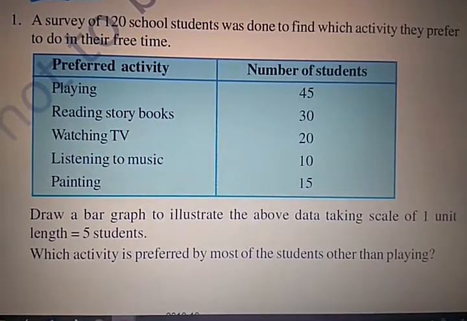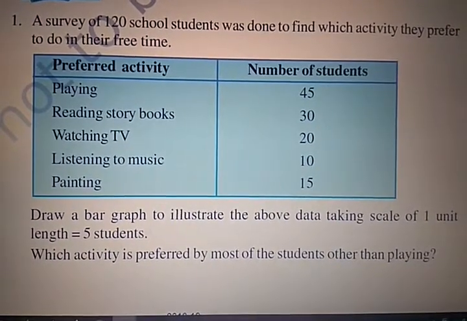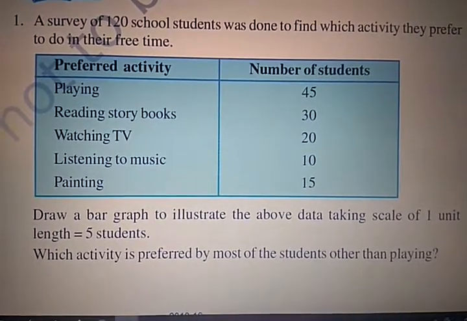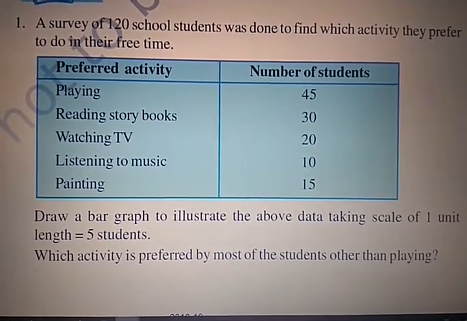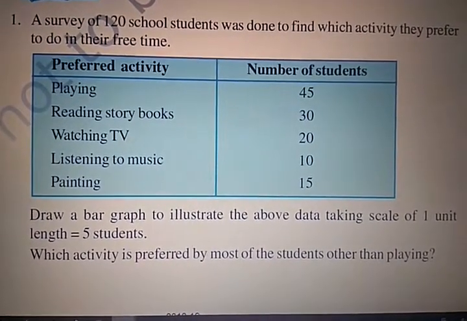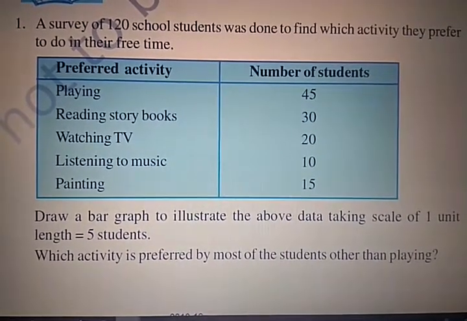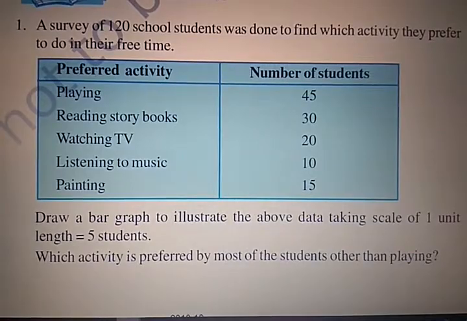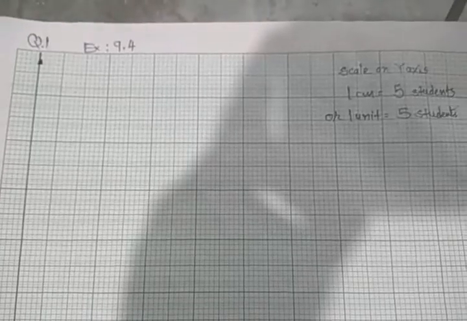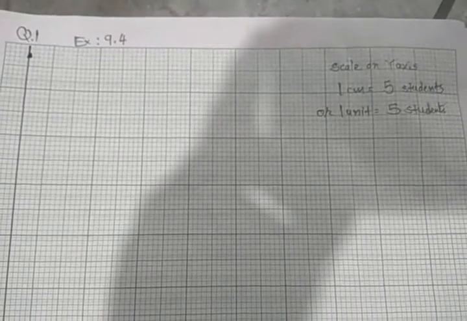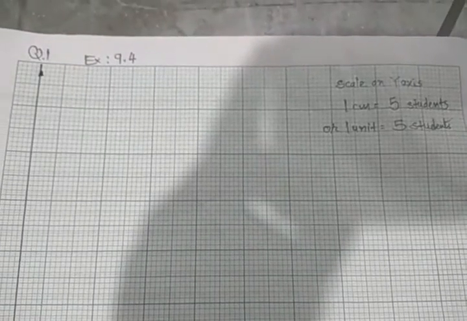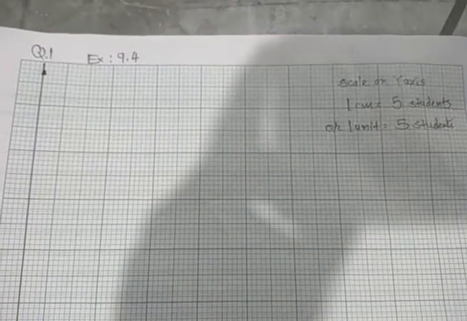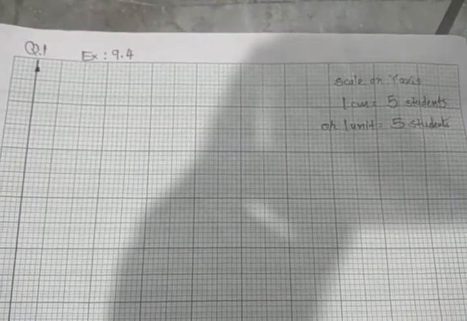So let us start to draw the bar graph on graph paper. Minimum number is 15 and maximum is 45. Here it is given that you have to take 5 students as 1 unit length. So first of all, I am writing the scale: 1 centimeter, or you can say 1 unit length, is equal to 5 students, this way.